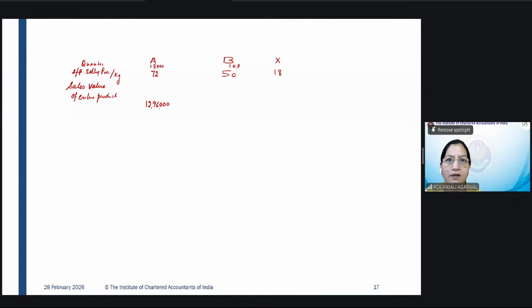10,000, and 54,000 kgs. 50,000 into 10,000 is 500,000 or 5 lakhs, and 54,000 into 18 is 9 lakh 72,000.